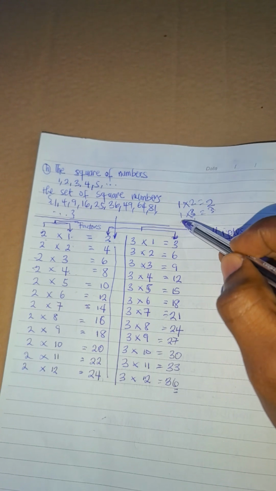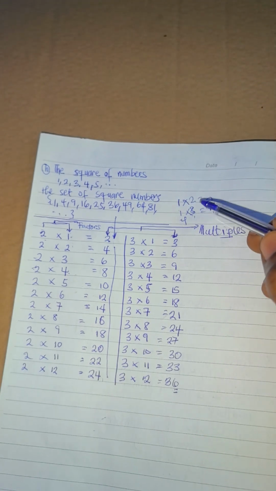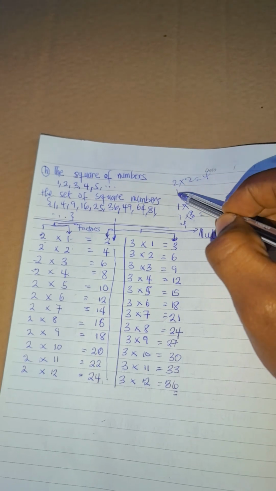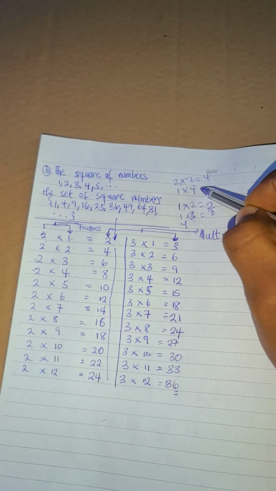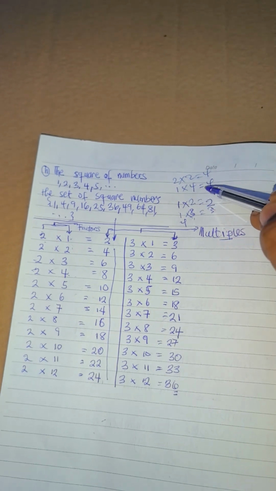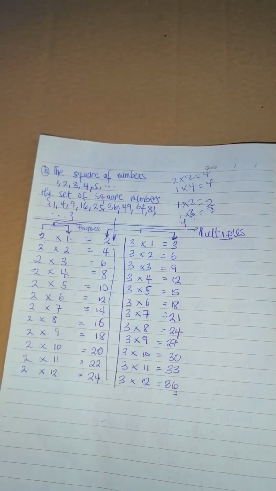If I take 4, that will be wrong, because 4 I'll have more than 2 factors, because 2 by 2 will give me 4. Now 1 by 4 itself will give me 4. So that makes 4 not a prime number. So the prime numbers basically start from 2, 3, 5, 7, 11, 13.